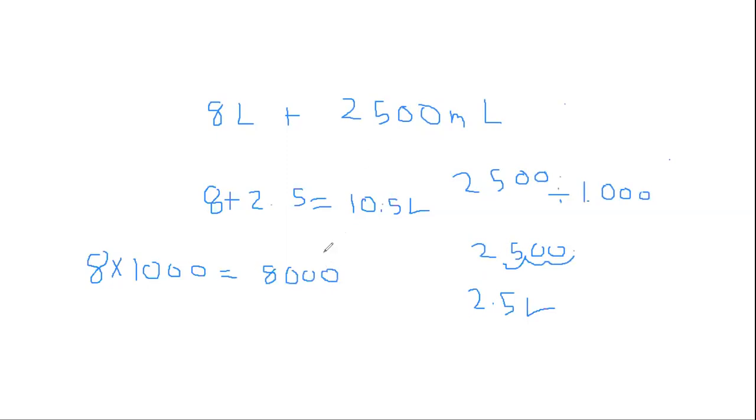And then I add it to this. So I say 8,000 plus 2,500. And then I get an answer of what? 0 plus 0 is 0, 0 plus 0 is 0, 5 plus 0 is 5, 8 plus 2 is 10.